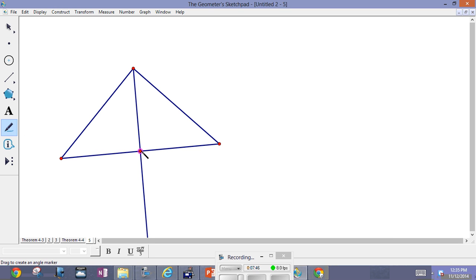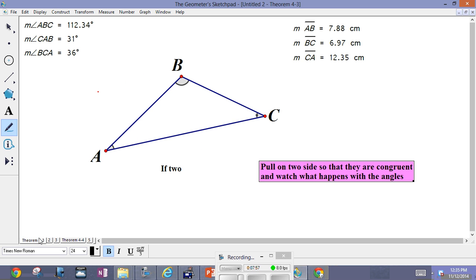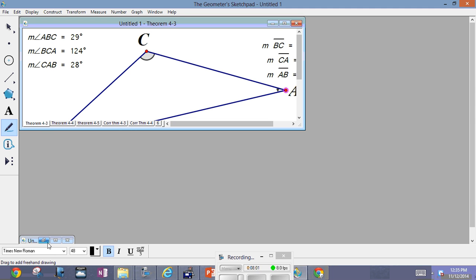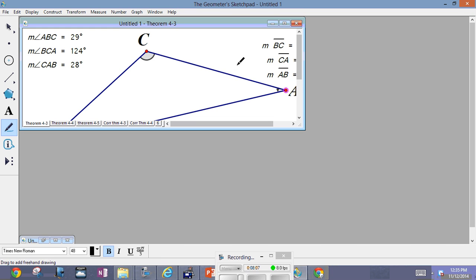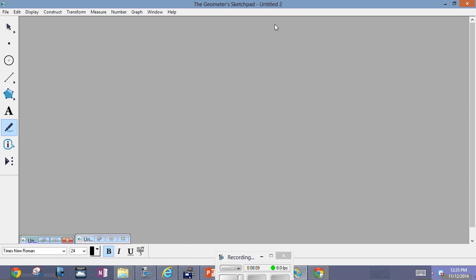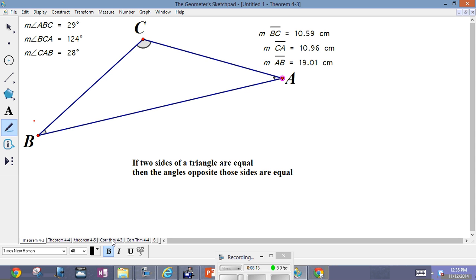So write a statement as to why this demonstrates the theorem. Write the theorem and write a statement as to why it demonstrates the theorem, as you did with the others over here, so that when it's all said and done, it's all kind of looking like this one.